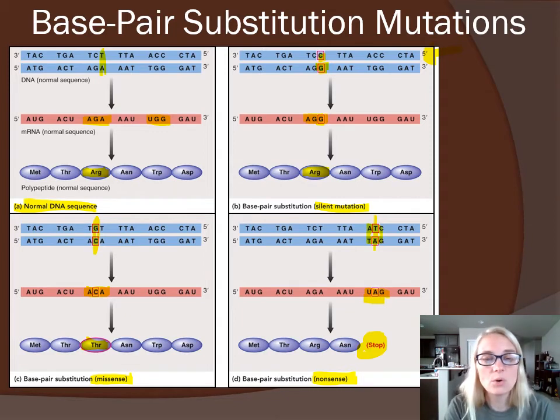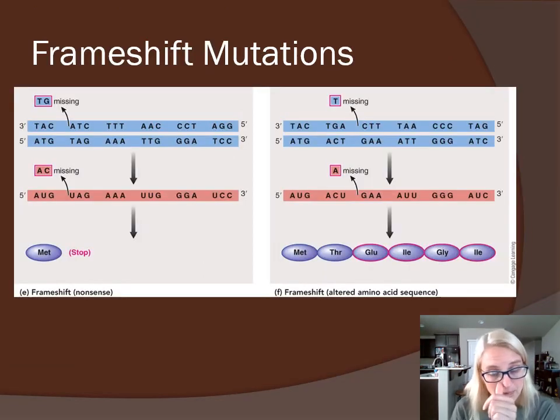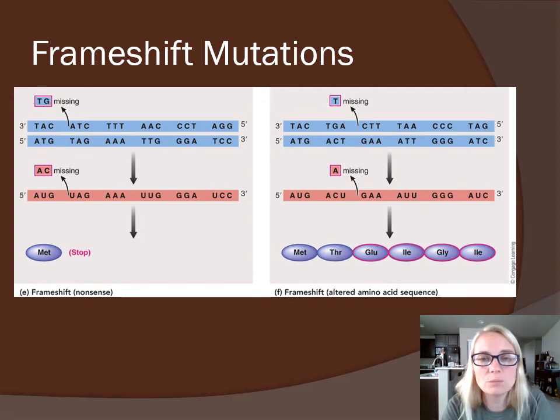All right, so these are the three examples of base pair substitution, or sometimes called point mutation. So silent mutation, missense mutation, and nonsense mutation. The next slide is going to show you a couple more, but these are not point mutations, they're not substitutions. These are called frameshift.